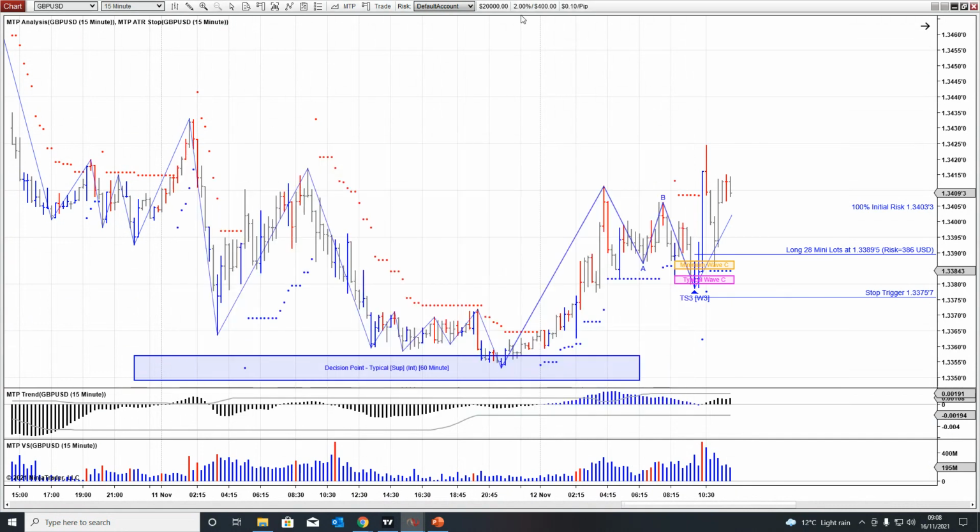So that's risking, can you see at the top, 2% of a sample $20,000 account. You can set up different account sizes, as we've seen previously. So if you've got a 10K account or say a 5K account, it'll do the position sizing for you. Why do we want to worry about the position sizing here? Just set that back to the default 20K. Well, it's important because losses will unfold.